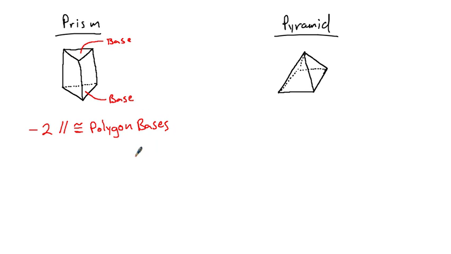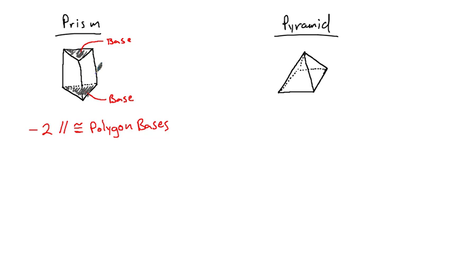Sometimes you'll get mixed up about what's the base and what's not the base. Well, the bases are always parallel to each other. So if you look up here in this picture, we have this top triangle and we have this bottom triangle. Those two triangles are parallel to each other. That makes them bases.